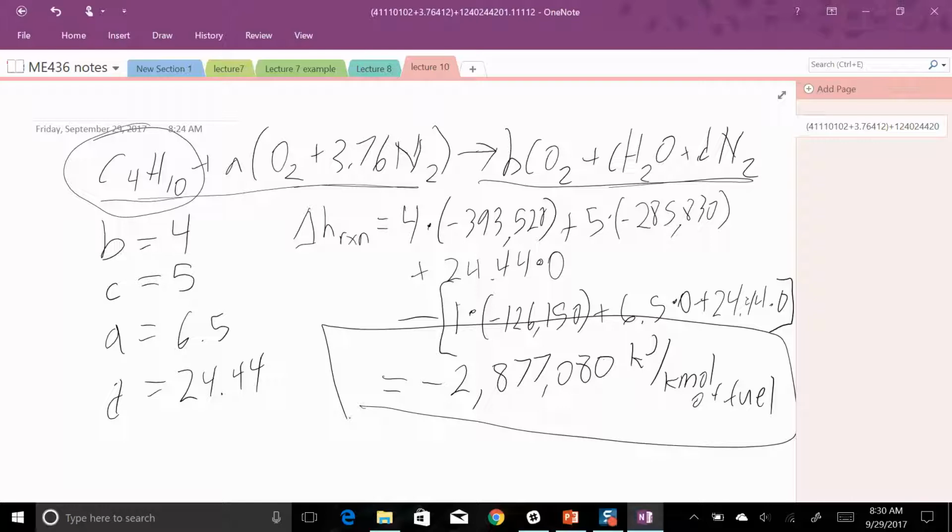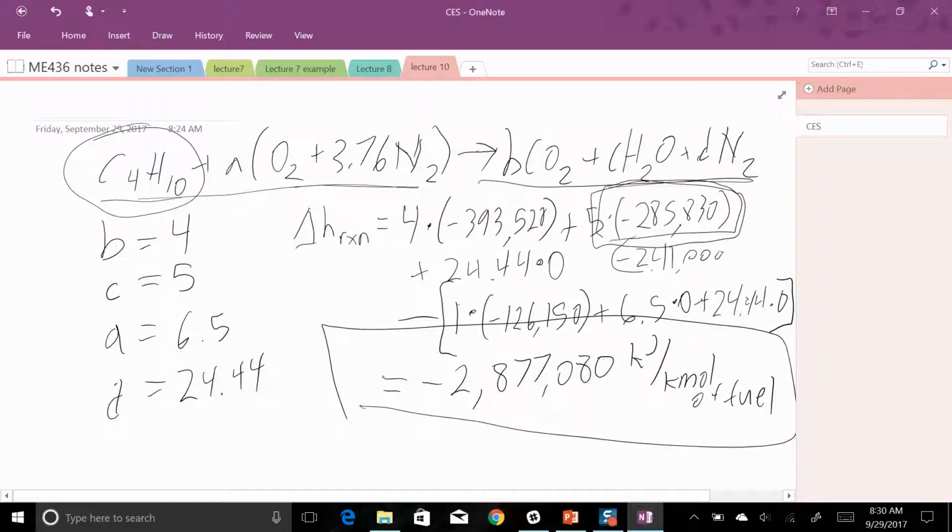In this case, what I've done for you is the higher heating value, because the term I used right here for the enthalpy of formation of water is the enthalpy of formation of liquid water. If I instead wanted to do this for water vapor, I would have used negative 241,000.